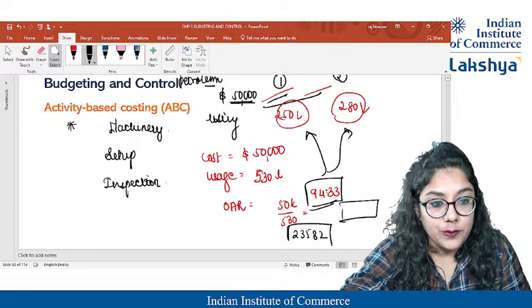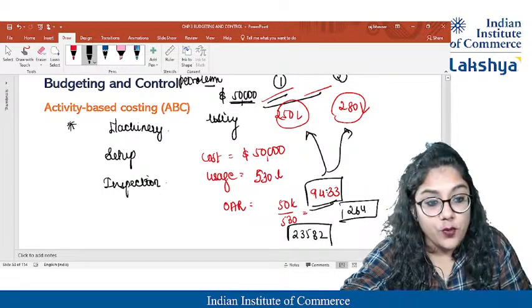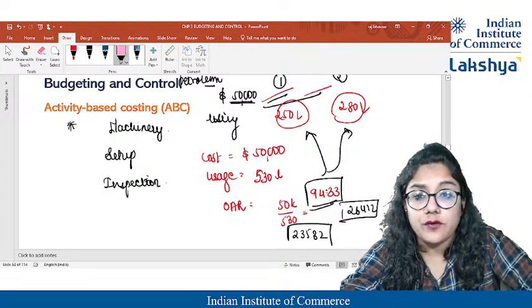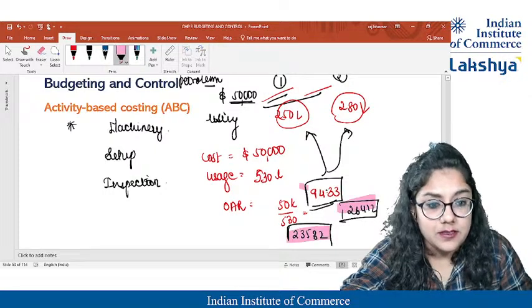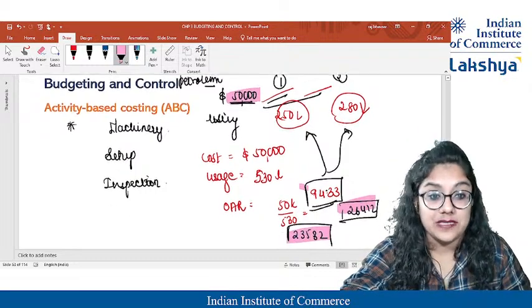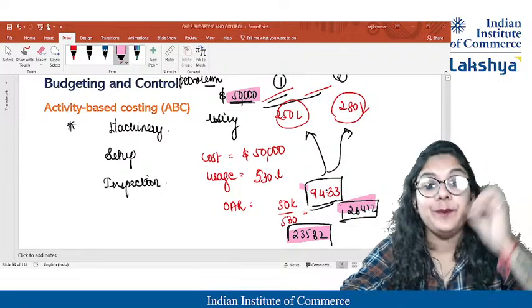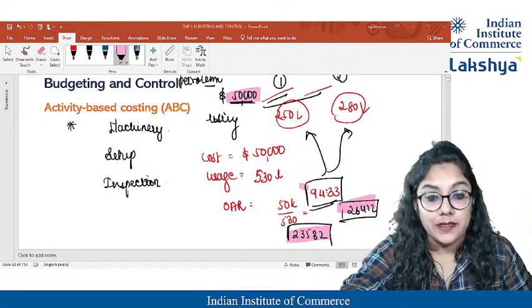Are you getting around 26,412? If I take the total of this and this, I'll get 50,000. So the 50,000 need not be bifurcated equally between both when we have certain activities attached to them. So that is what we have done with the question.